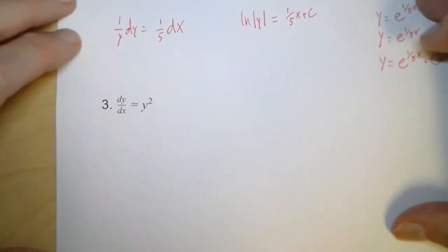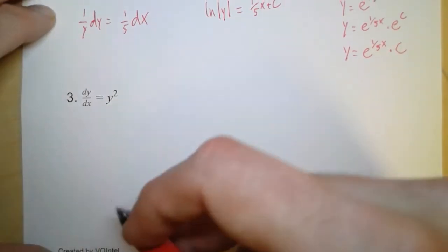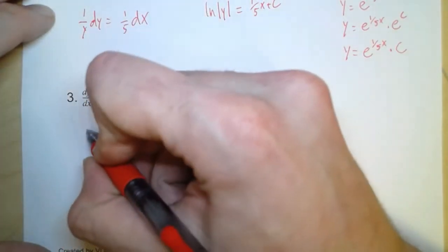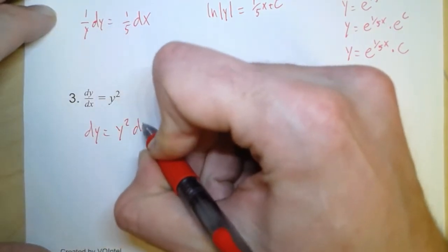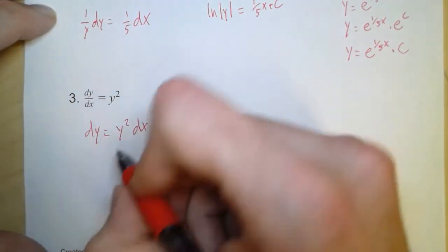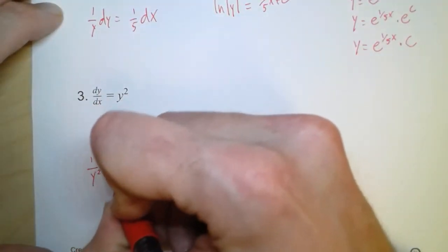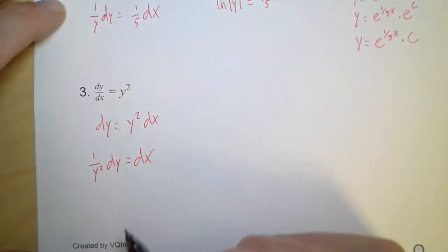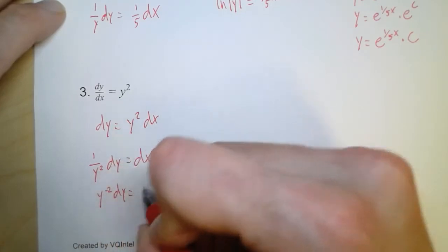All right, for number 3, here we want to first separate, multiply the dx over. So dy equals y squared dx, and the y squared has to be divided over to the other side. So we have 1 over y squared dy equals dx. Since we're going to be integrating, I'm going to rewrite this as y to the negative 2 dy equals dx.